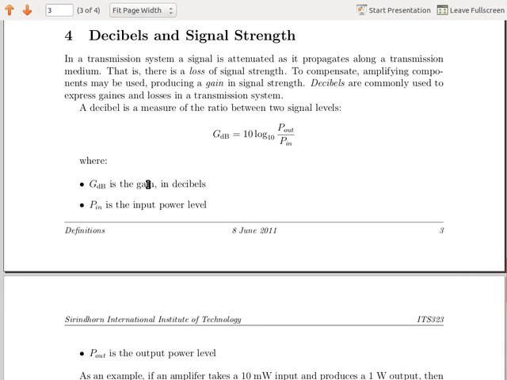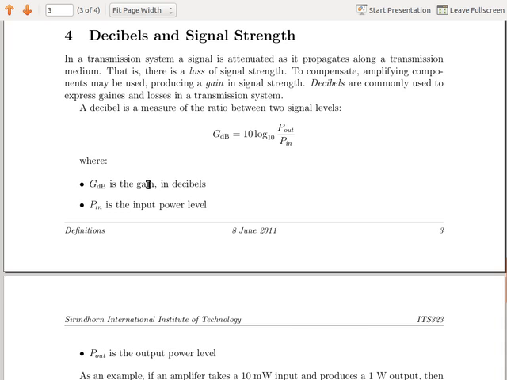And this is how we calculate the value of gain in decibels. It's the ratio of two power levels. Here's our system, whether it's an audio system or a communication system, some system which takes some input power level, power in, and produces some output power level.